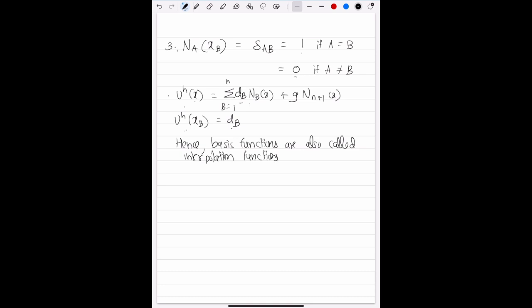Since our basis functions are essentially helping us interpolate the solution in between the grid points. And at the grid points, the solution is nothing but the constants, which are the weighting factors for these basis functions.